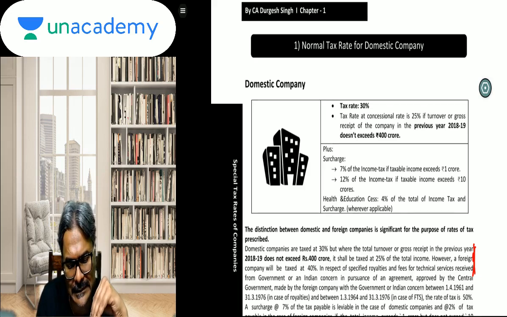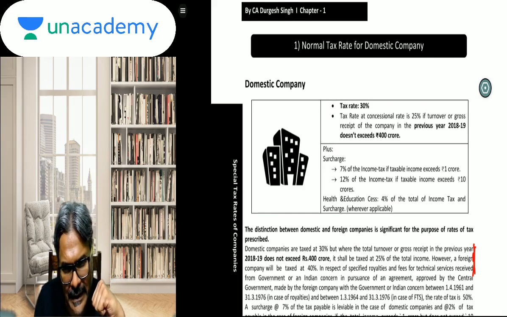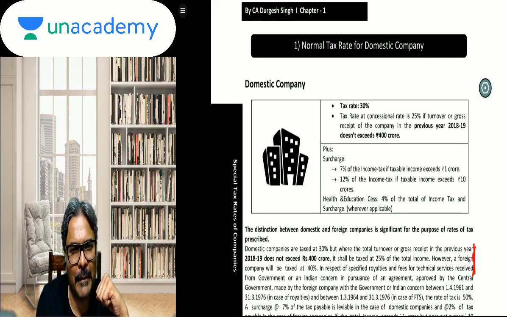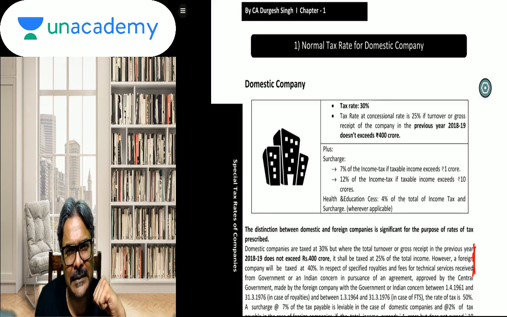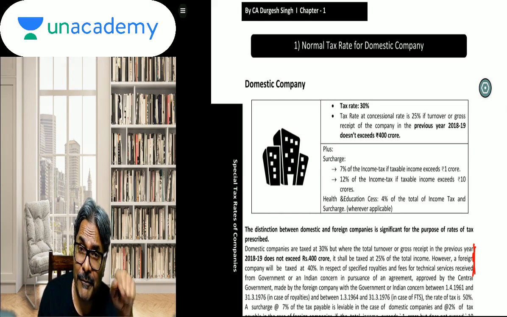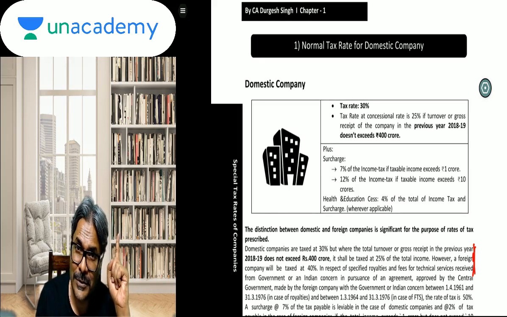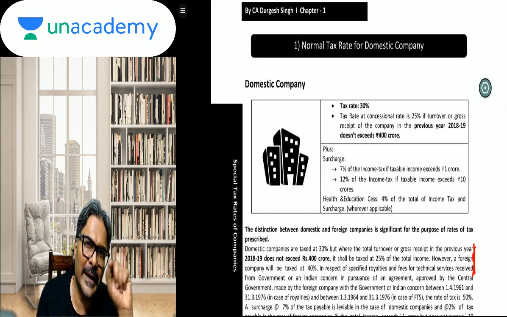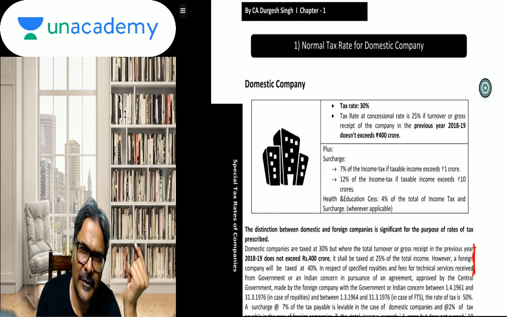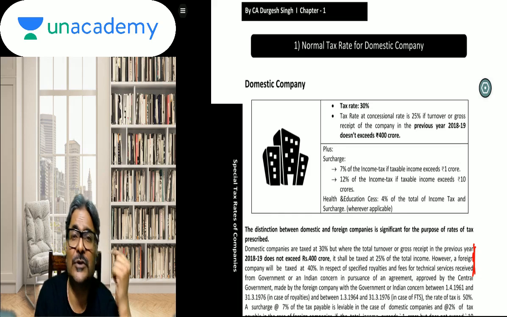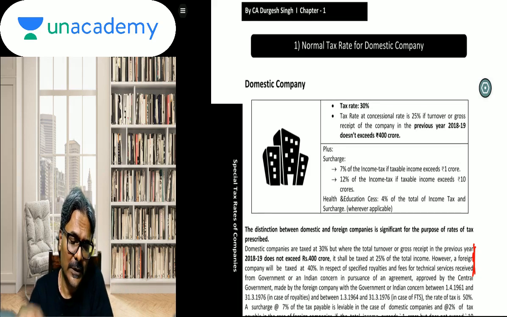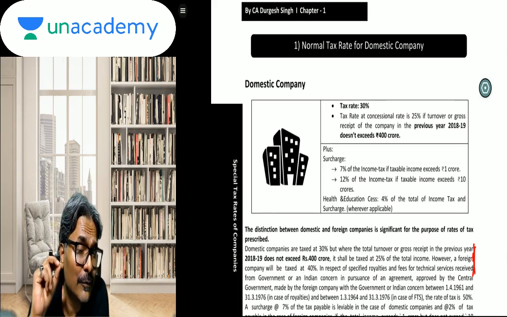You shall be considered as an SME, small and medium enterprise company, if for the previous year 18-19 your turnover is not exceeding 400 crores.